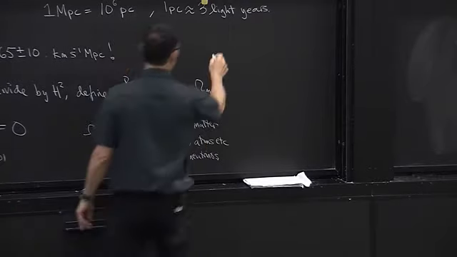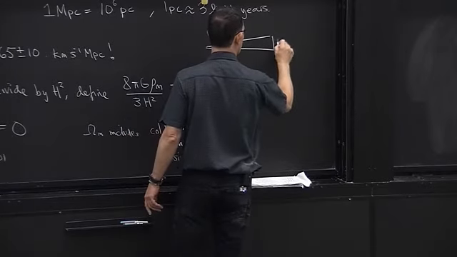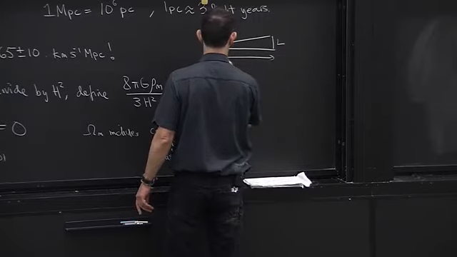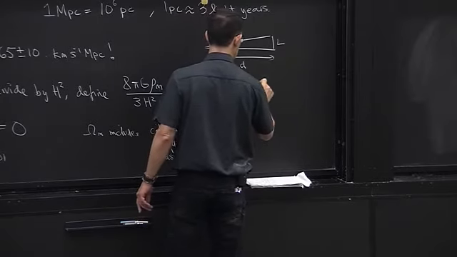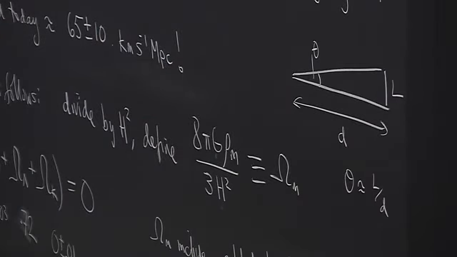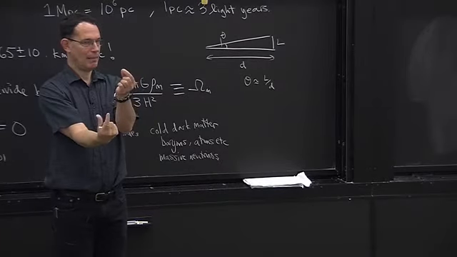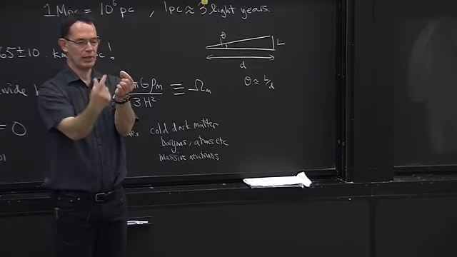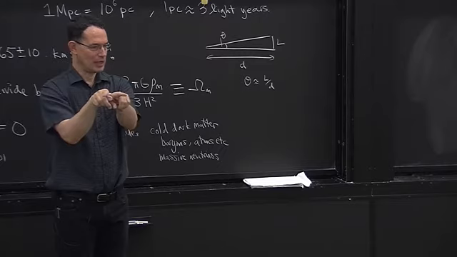So in flat space, you have some ruler of length L, and you place the ruler at a distance d, and then theta is approximately L over d. On a sphere, that's not true, because the ruler, as it gets further, will subtend a progressively larger angle compared to flat space.